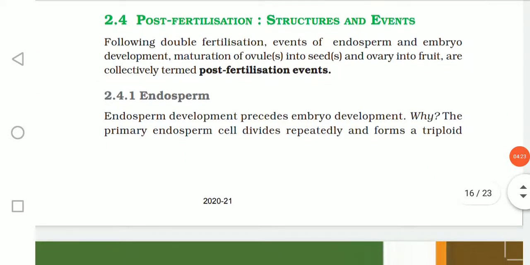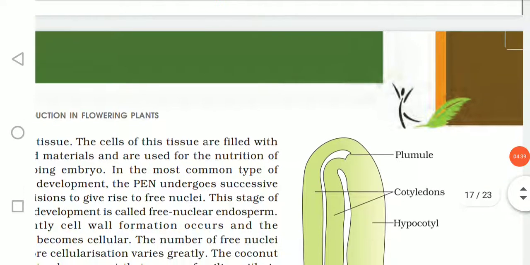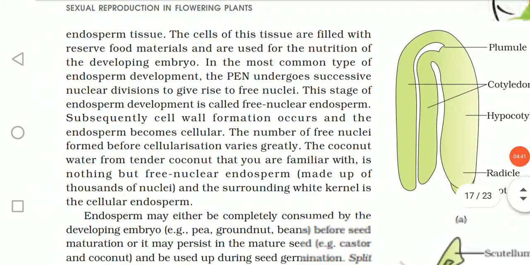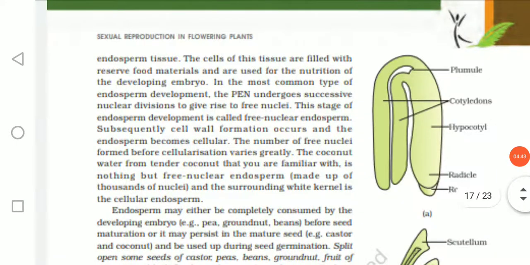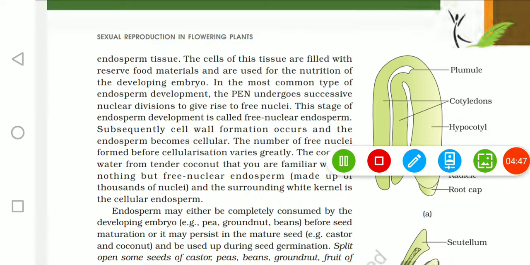Now coming to post-fertilization events. After double fertilization, there is maturation of the ovule into seeds and the ovary becomes the fruit. Coming to the endosperm, in the triploid tissue the cells are filled with reserve food.